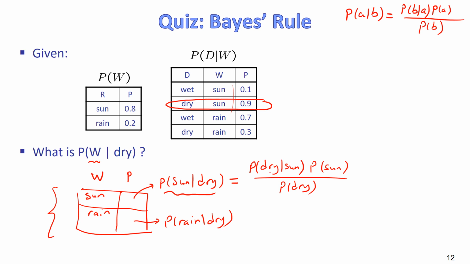Probability of dry given sun is 0.9, right? Probability of sun, do we have it? 0.8, which is this one. Okay, how about probability of dry? Do we have it?